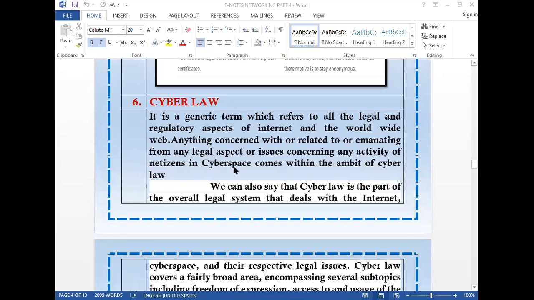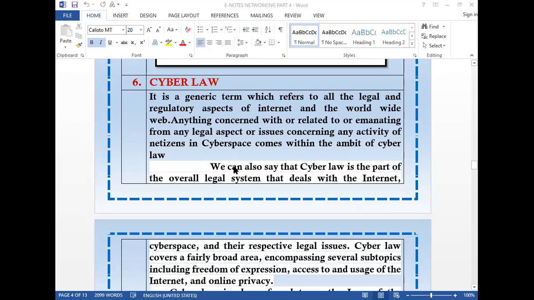Now comes the next term, cyber law. By name, it is very much clear what cyber law is. Beta, all the legal policies, all the legal requirements, all the regulatory aspects which are concerned with the internet are termed under cyber law.